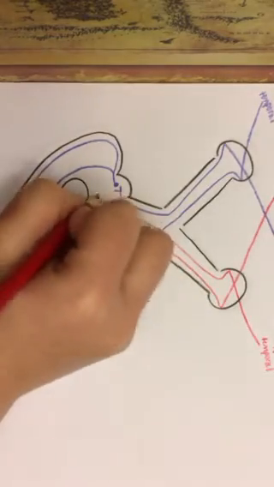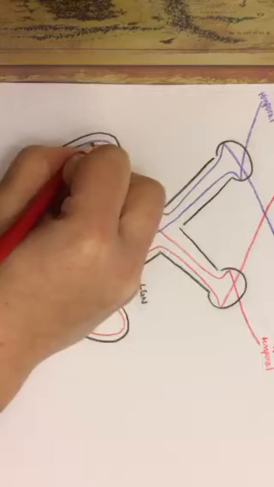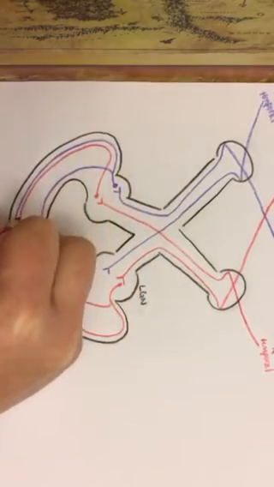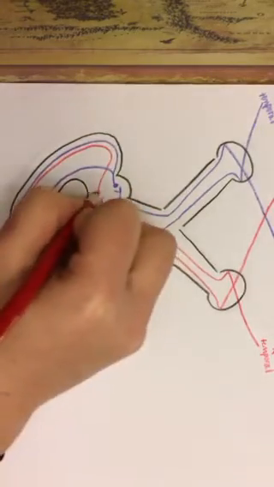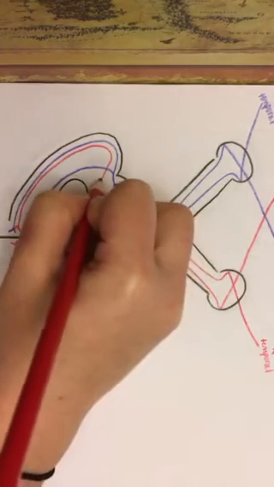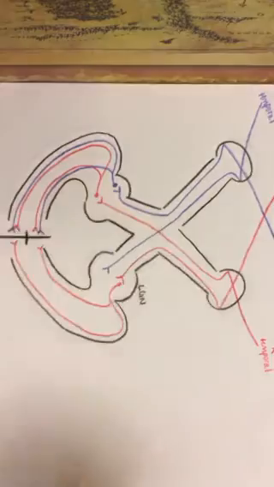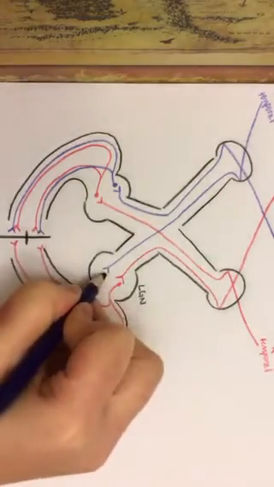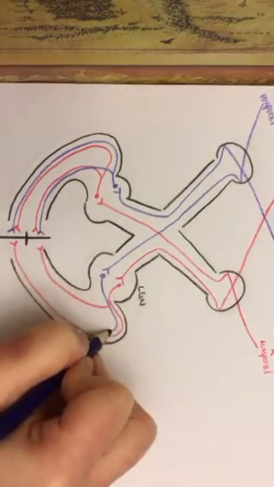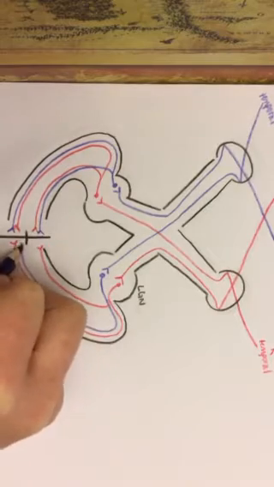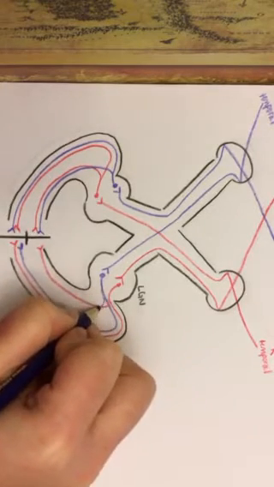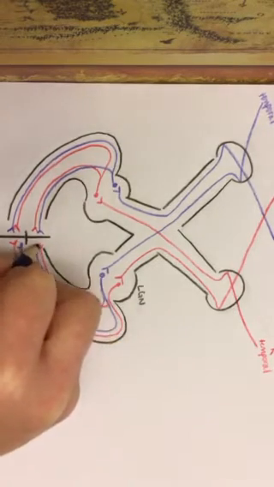Okay, so we're going to have fibers that go superiorly and end inferiorly, and fibers that go inferiorly and end superiorly. So same thing on this side, we're going superior to end inferior, and then we're going inferior to end superior.